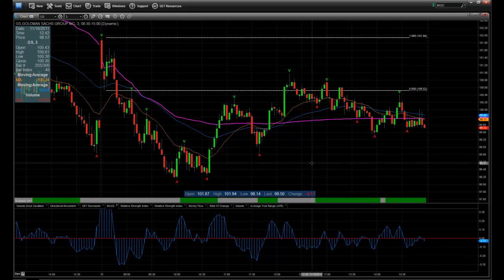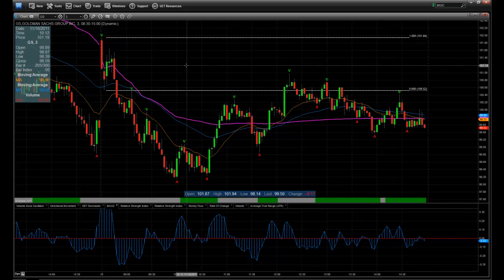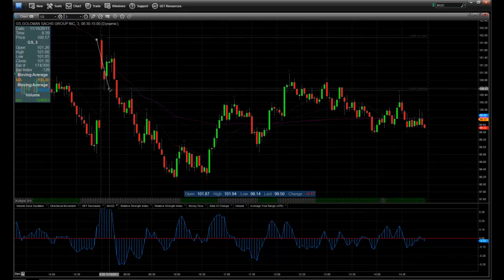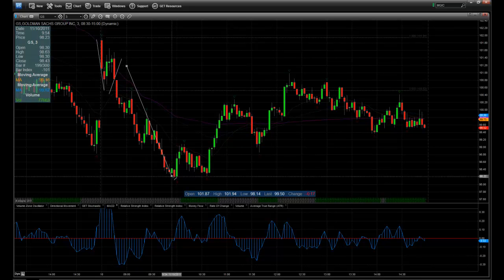And so the one thing I want to point out to people is that I believe in looking at the waves of price moves, and one of the big things that jumped out to me today was just the look of the push down by Goldman. If I can draw trends, I can see my first leg down, my second leg up, and a bigger third wave down, which is always the biggest wave.